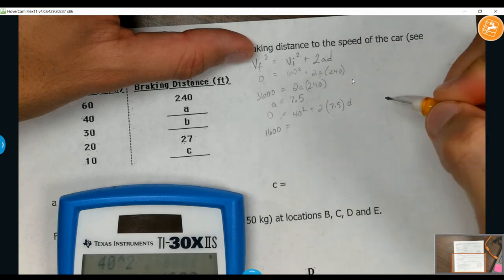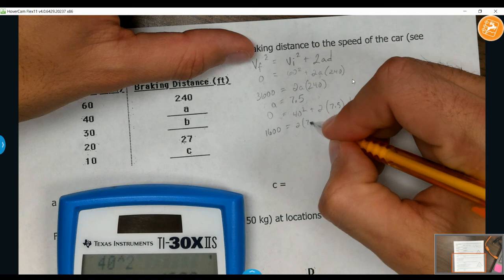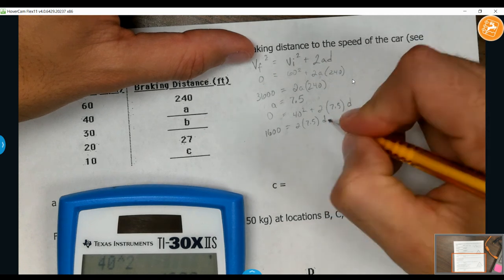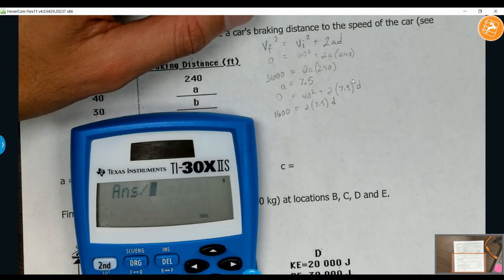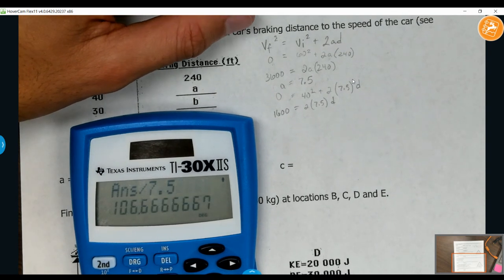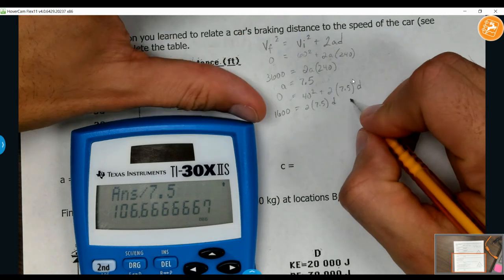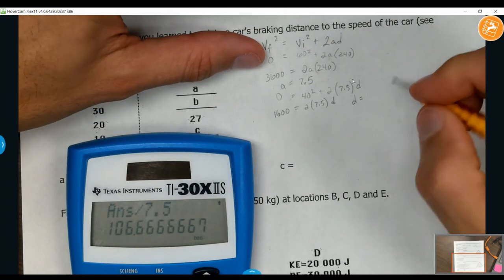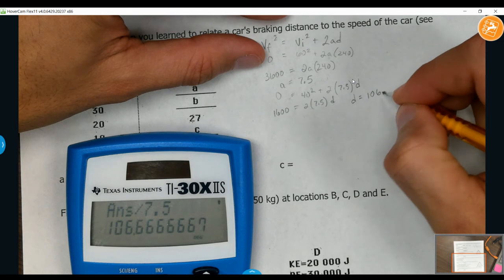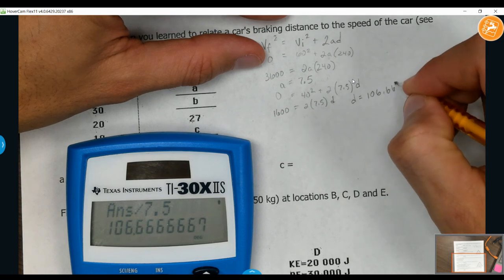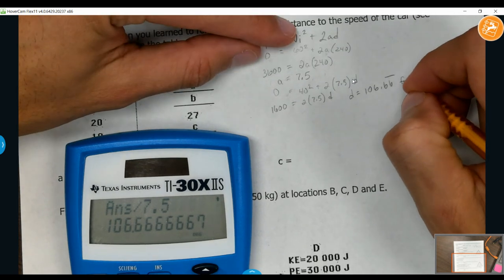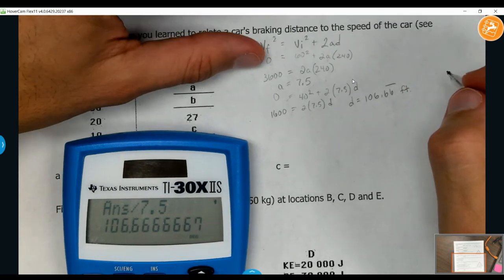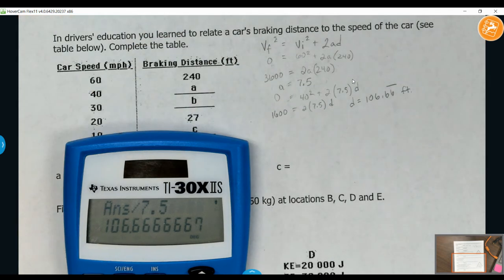Divide it by 2, divide it by 7.5. You're looking at a braking distance of 106.6 repeating, 0.67, however you want to say that. I guess this is feet, we're going to call it.